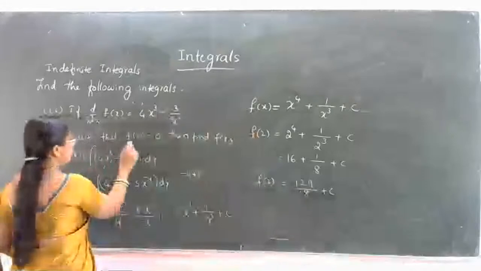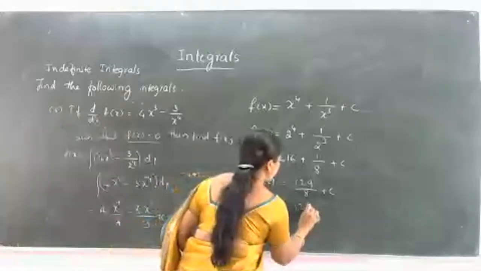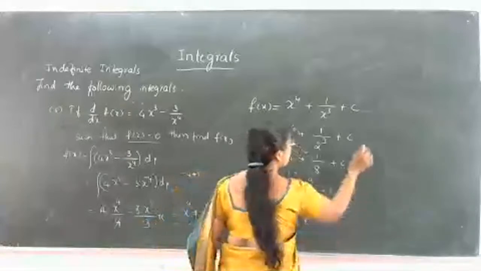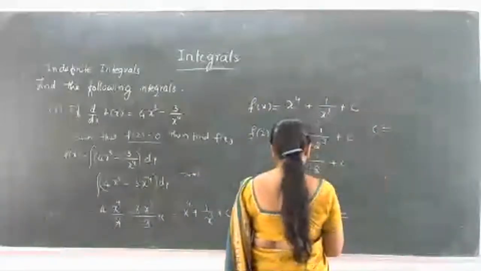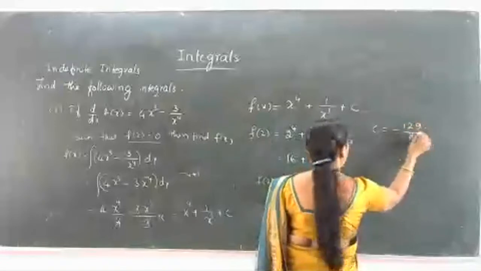But here given is f of 2 equal to 0. So 0 is equal to 129 divided by 8 plus c. That implies c is equal to minus 129 divided by 8.